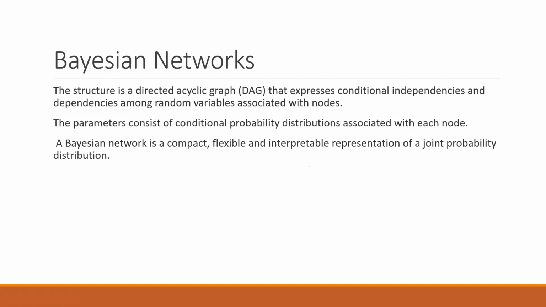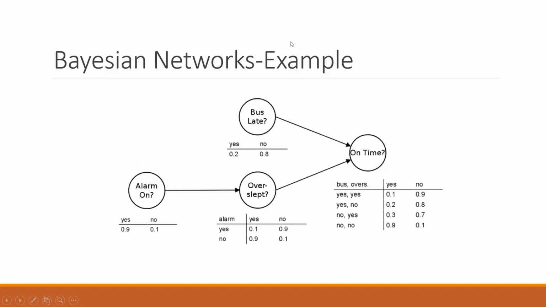So this is the theoretical part: it is a directed acyclic graph. It expresses conditional independence, and the conditional probability is associated with each node. Here is an interesting example which will give you some clarity. We have conditions like alarm is on, the bus is late, overslept, or on time.